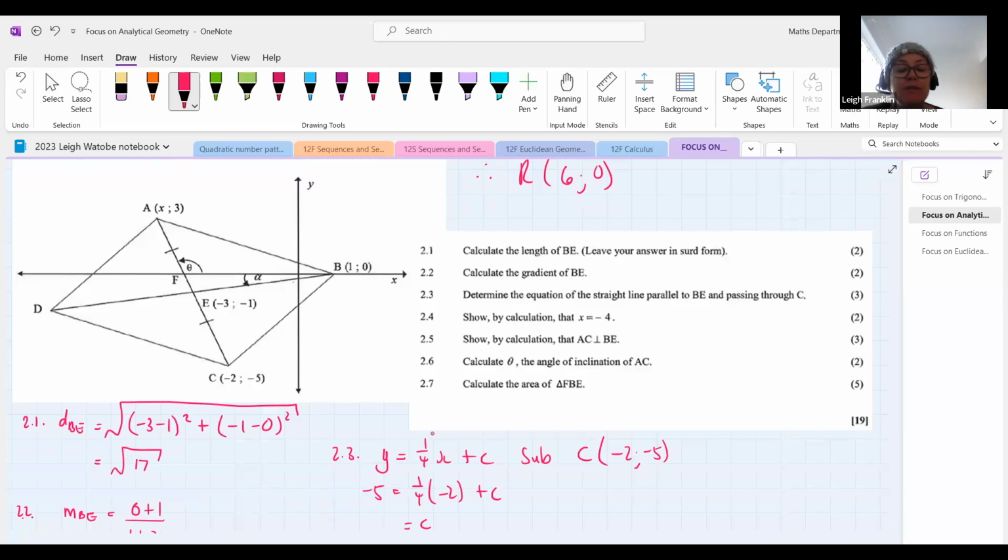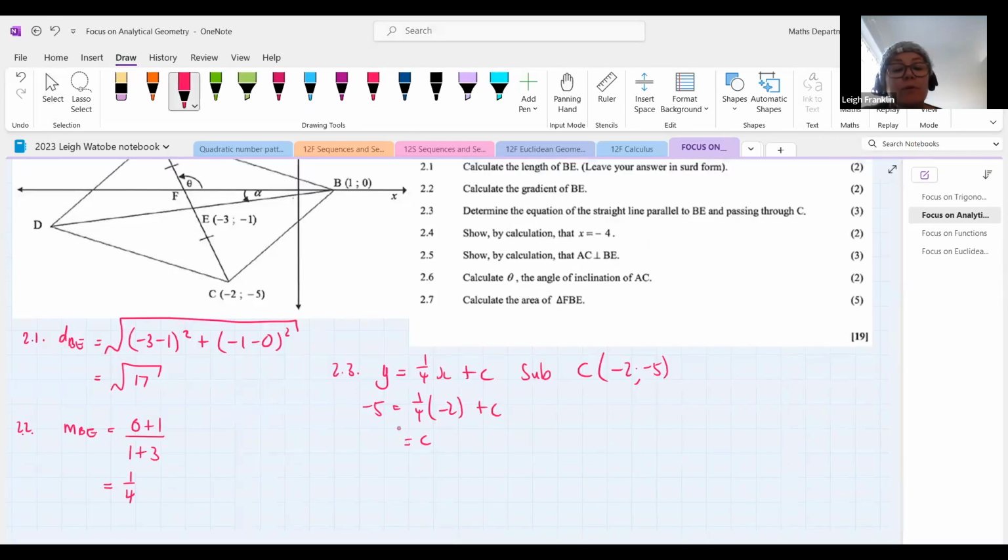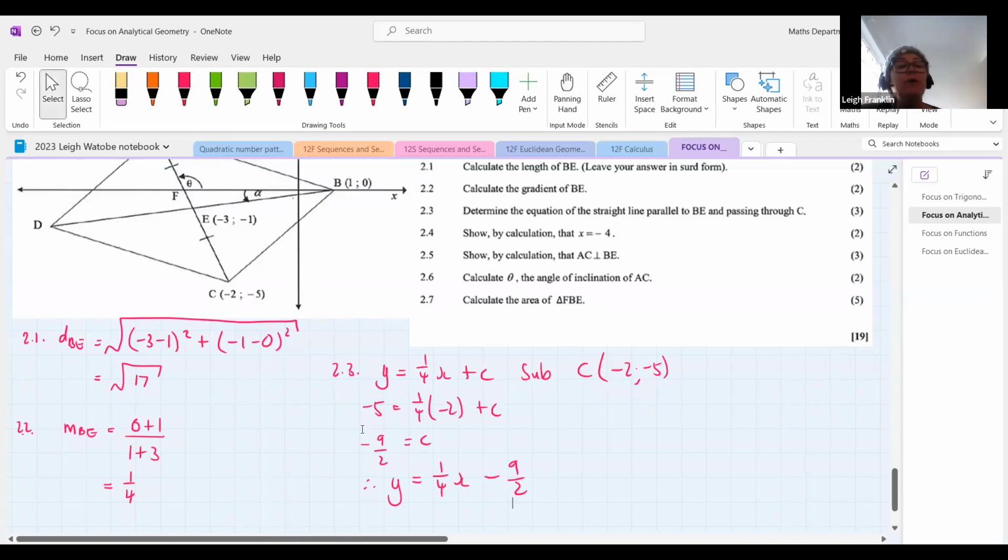Okay, so that means that c is going to be equal to -9/2. Okay, so the equation is this line, y equals 1/4x minus 9/2.